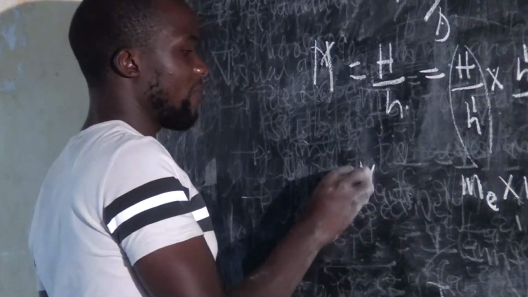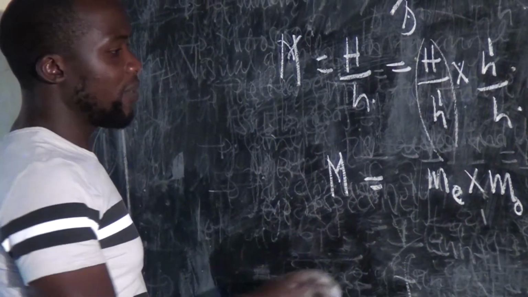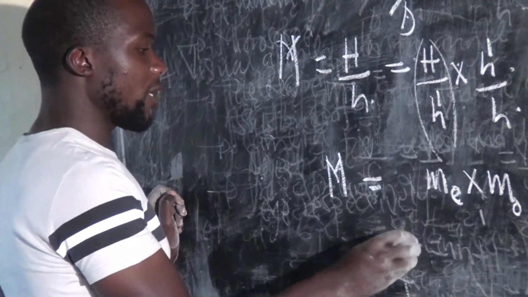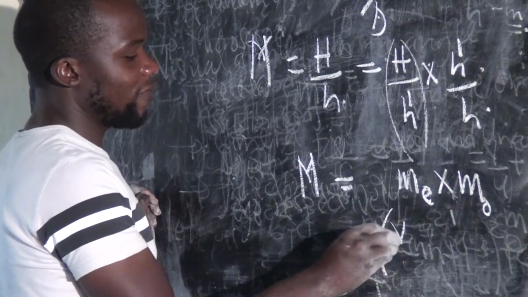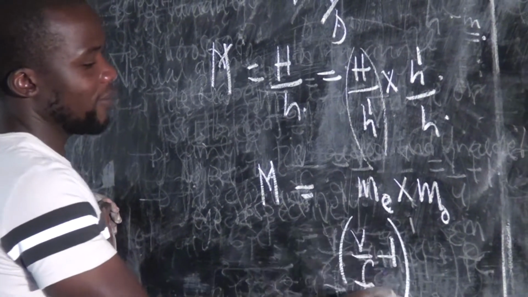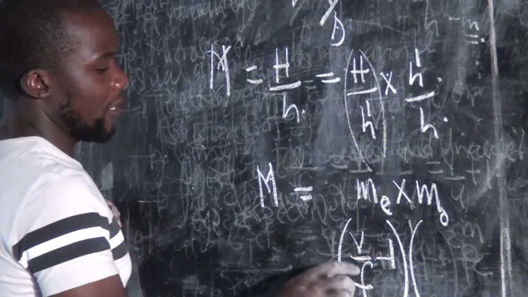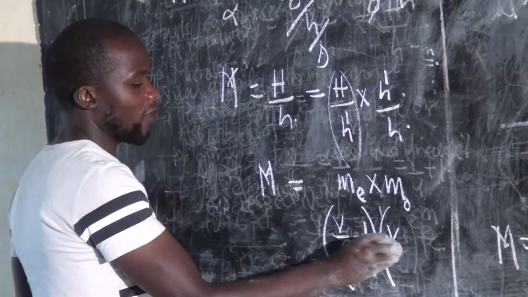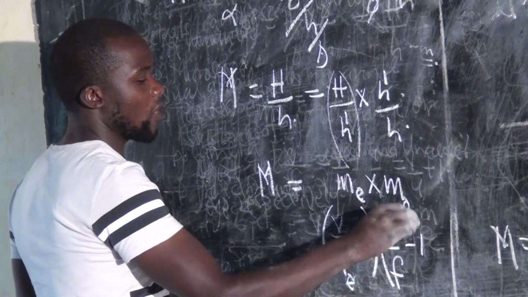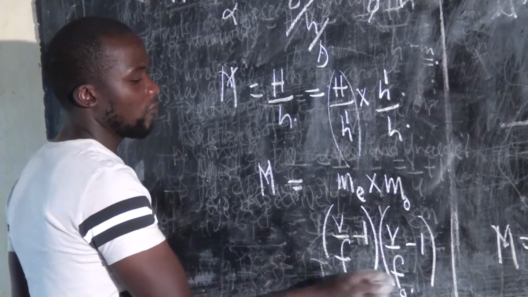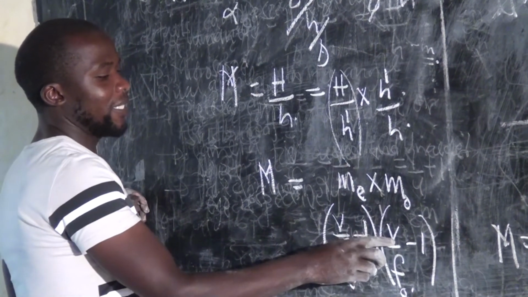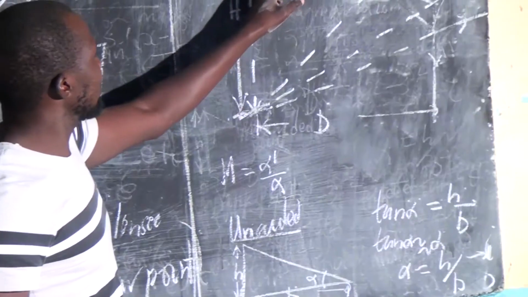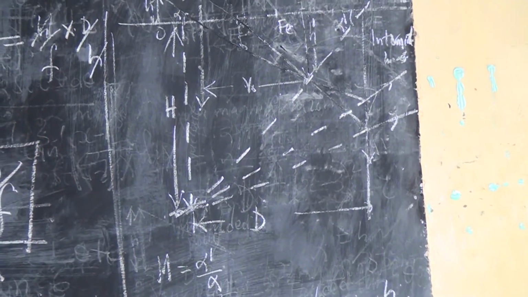So it would mean that the magnifying power now becomes M_E times M_O. But M_E, I can have it as V over F minus 1, which is the F of the eyepiece. And M_O is the image distance of the objective, V over F minus 1, where the image distance of the objective is V naught.